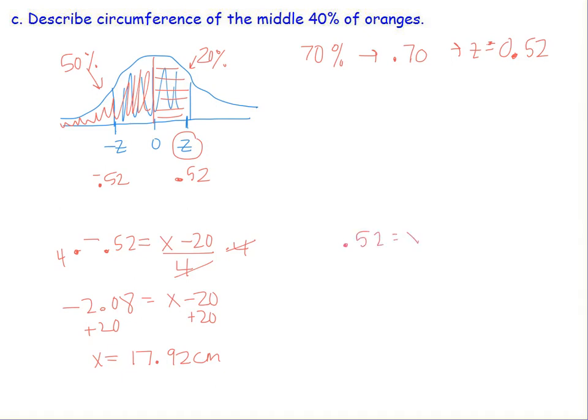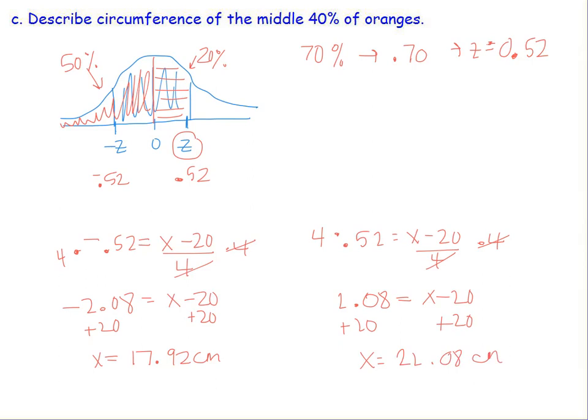So then we have the 0.52. It also equals x minus 20 divided by 4. We are also going to multiply by 4 on both sides of this one to cancel. The only difference here is it comes out to be a positive 2.08. Now is when we're going to get a different answer, because we're going to add 20 to 2.08 and we get 22.08 centimeters.